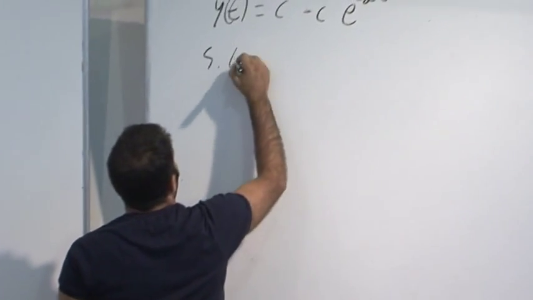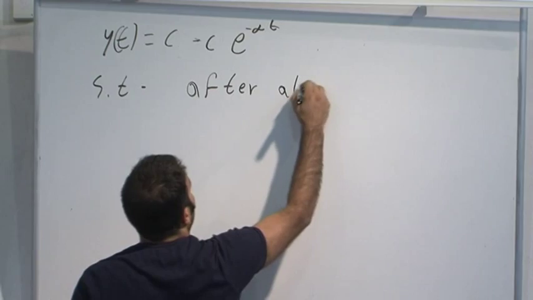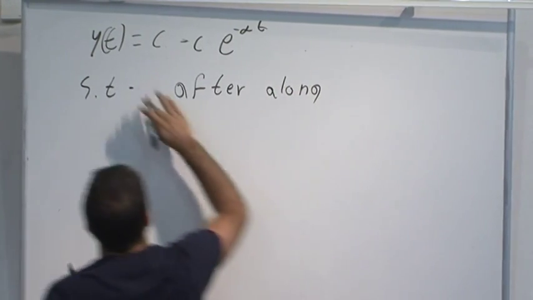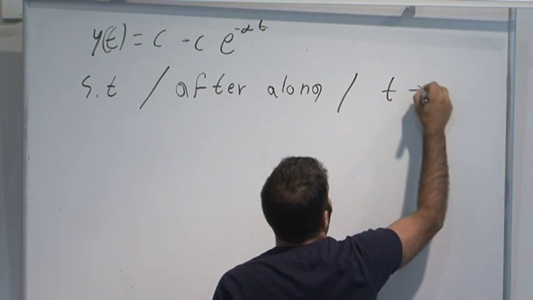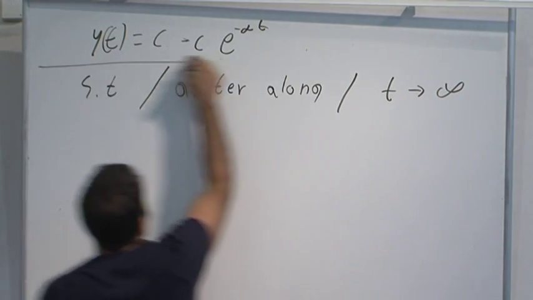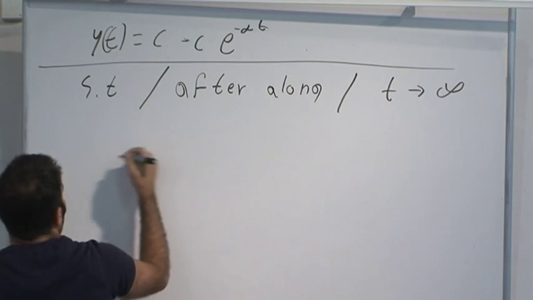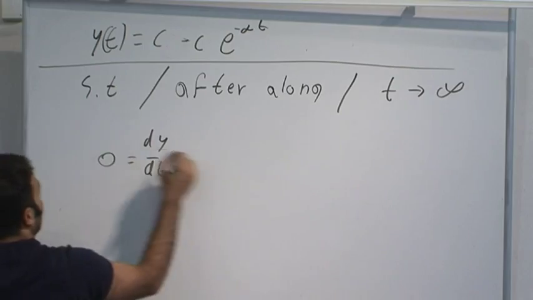Okay? So steady state, after a long time, t goes to infinity, are three different ways of saying the same thing. This gives us dy over dt equals 0.